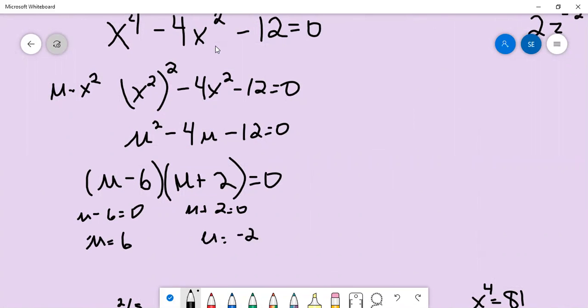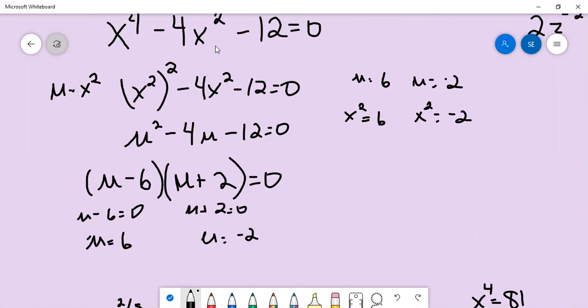Okay? So now we can go back in and substitute our x squared for u. So u is equal to 6, u is equal to negative 2. We're going to substitute in x squared for u. So this becomes x squared equals 6, and x squared equals negative 2.